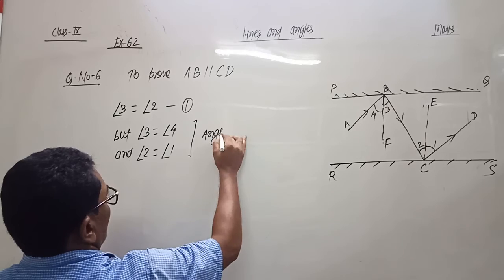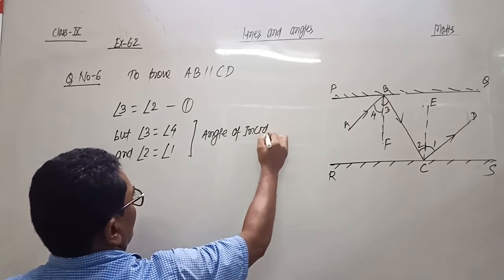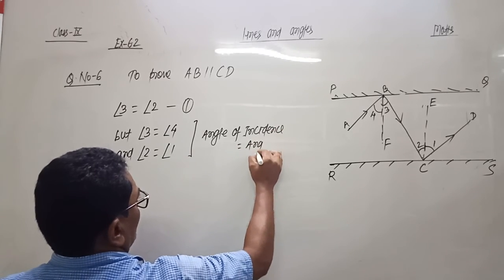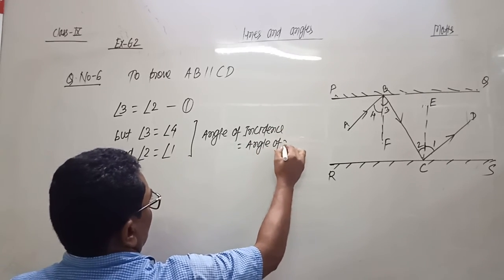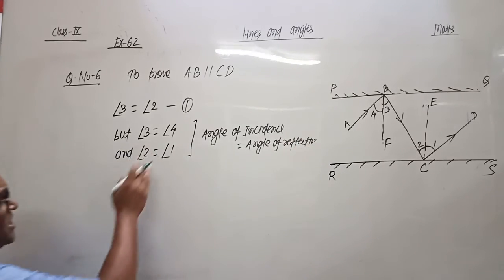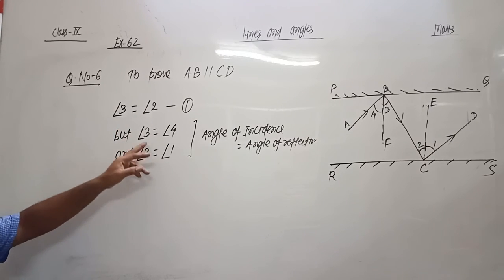Because angle of incidence is equal to angle of reflection, 3 equals 4 and angle 2 equals 1. So from here we conclude that 3 is equal to 2.